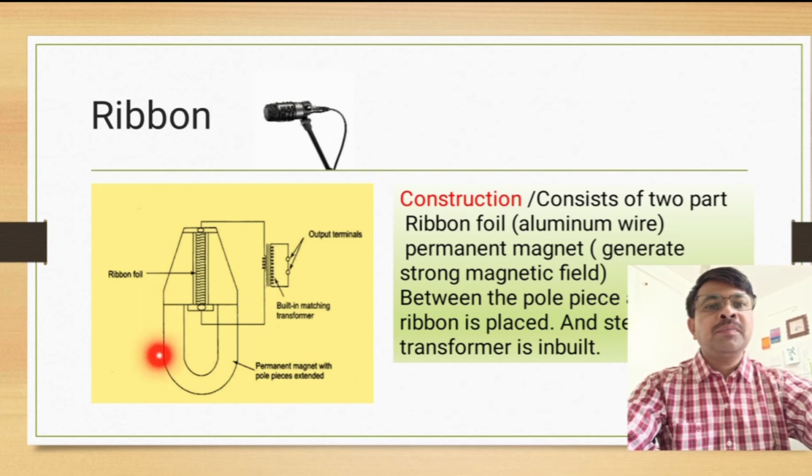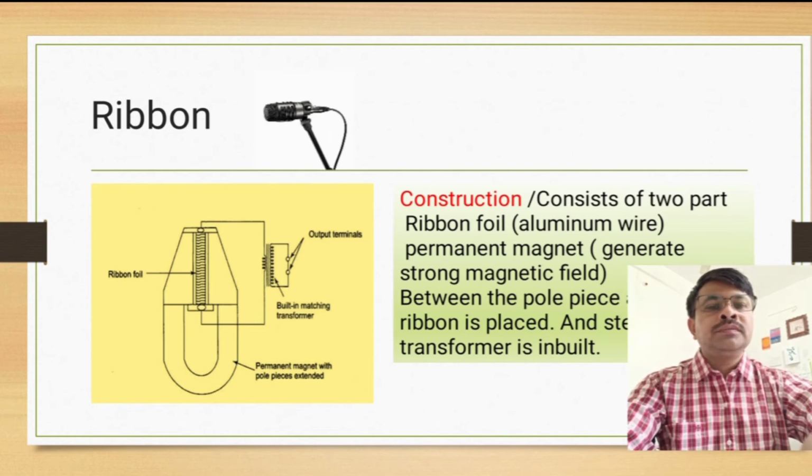This is the permanent magnet, maybe a shoe type permanent magnet. Its function is to generate a strong magnetic field. Between the pole pieces the ribbon is placed, and the output is taken across the secondary winding of the transformer.